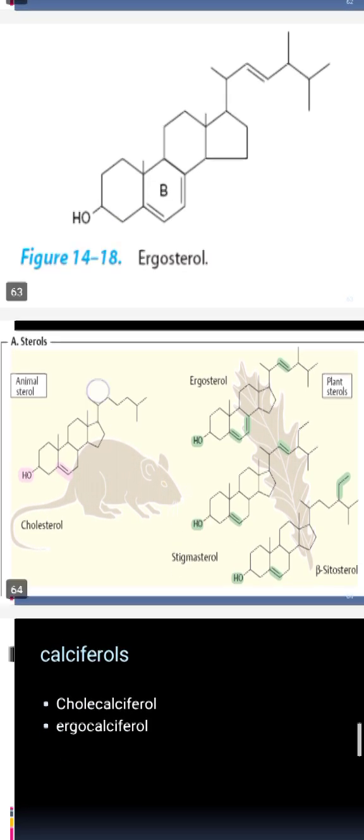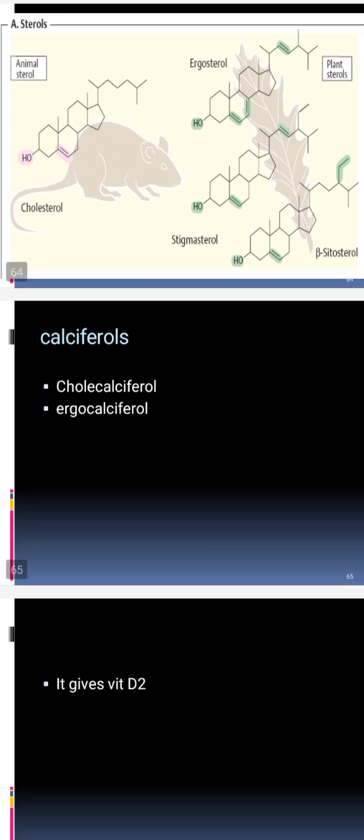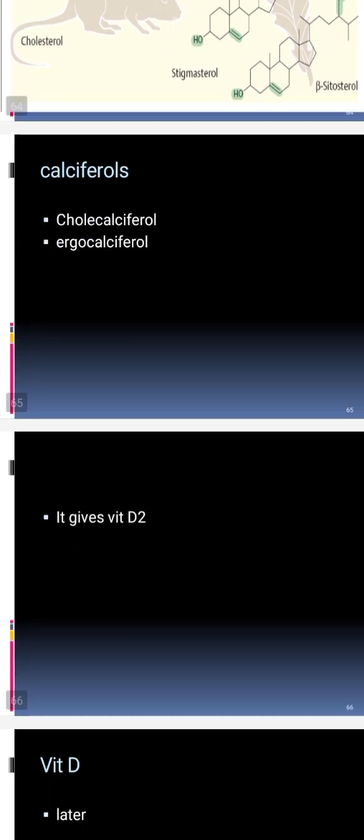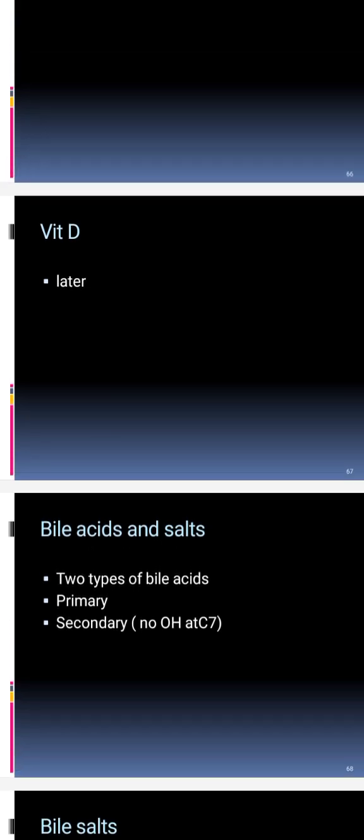Also there are calciferols, which are cholecalciferol and ergocalciferol, and they give rise to vitamin D. Vitamin D, of course, you will study very well in the enzymes lectures, but generally you need to know some information about vitamin D. Vitamin D is one of the lipid-soluble vitamins.